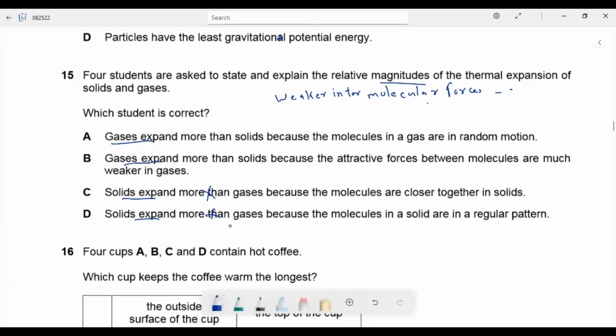Gases expand more than solid because molecules in gas are in random motion. But the real thing that causes motion is that the attractive forces between the molecules are much weaker. That is, intermolecular forces in gas are weaker than solids. That's why the expansion happens. This is the appropriate answer, the right answer.